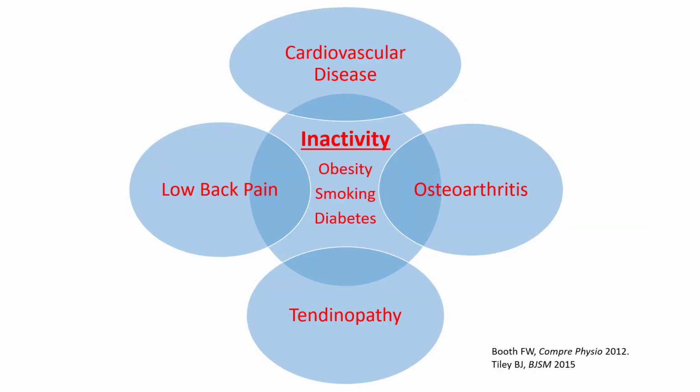What illustrates this point is a little figure we've made here. Some of the most common risk factors for cardiovascular disease are inactivity, obesity, smoking, diabetes, and hypertension. These contribute to it. Now, while they may not contribute to low back pain, tendinopathy or osteoarthritis, they're actually very frequently encountered.